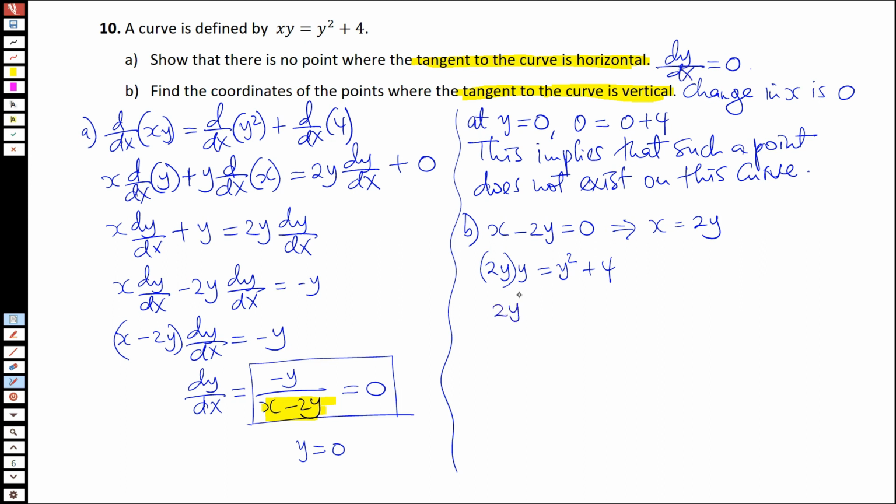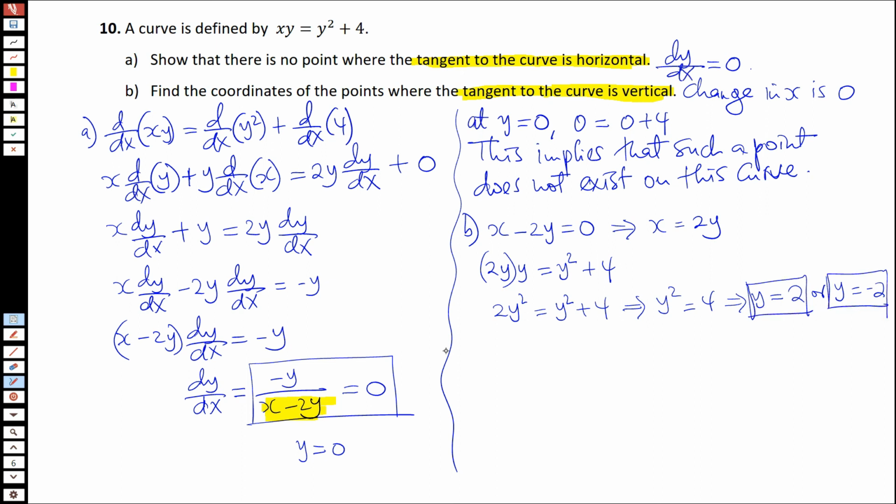So this will be 2y squared equal to y squared plus 4, which implies that y squared will be equal to 4, which implies that either y is equal to 2 or y is equal to negative 2, by finding the square root of 4. So we have these two.